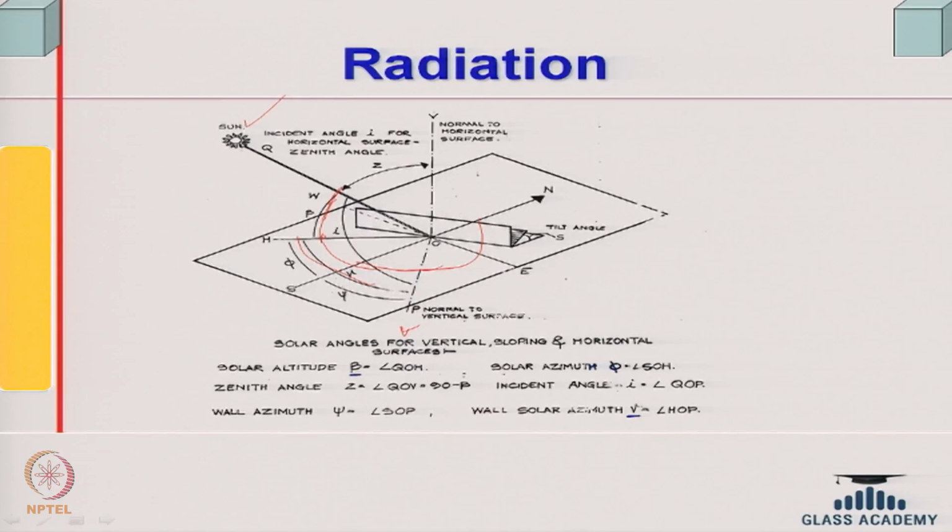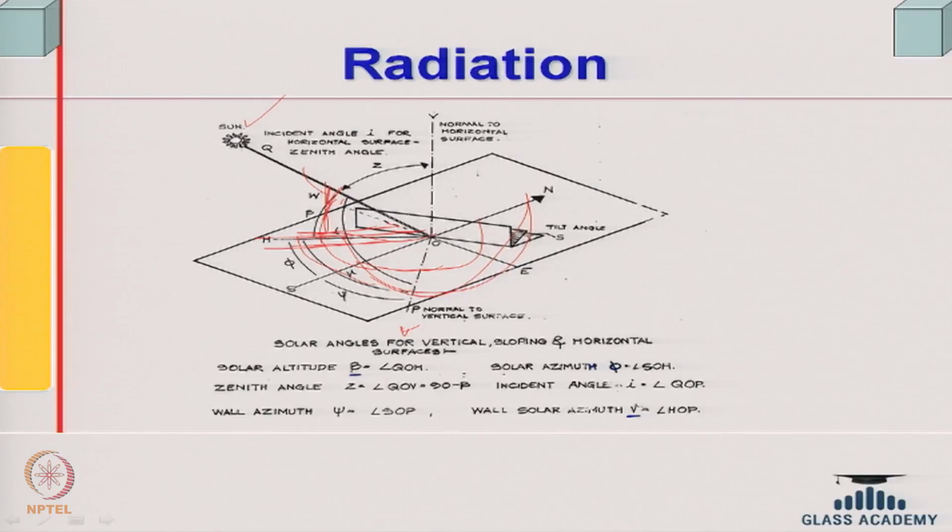So, if you use north, the angle between north, your reference direction, and the projection of the sun's path onto the ground, we call azimuth, and the angle in the vertical plane from its projection onto the ground, we call the altitude angle of the sun. So, the sun's position is defined by these two angles, right, and the wall's position is also defined by two angles.